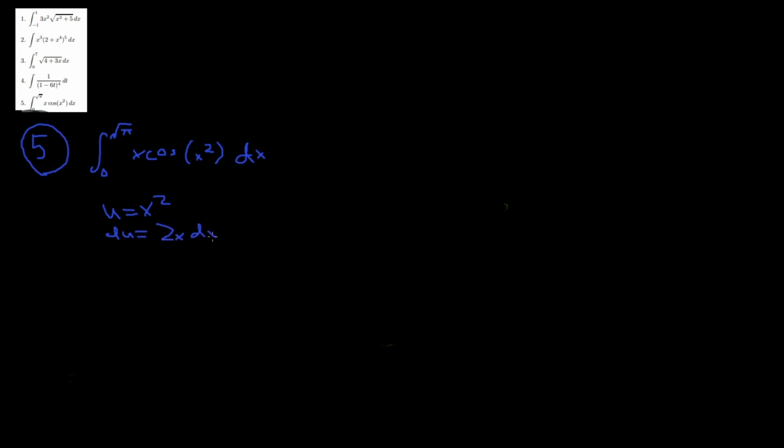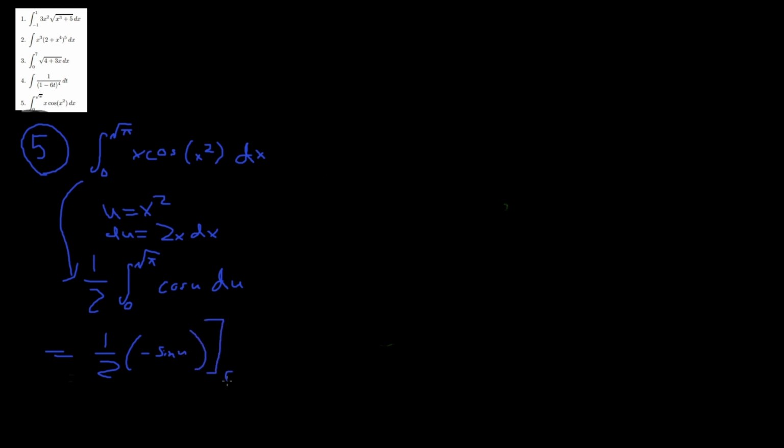So this is equal to 1/2 times the definite integral from 0 to square root of pi of cosine of u du, which is equal to 1/2 times negative sine u evaluated from 0 to square root of pi.